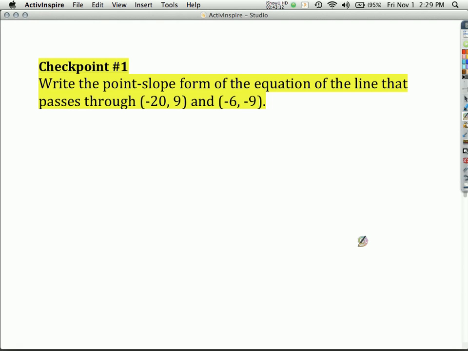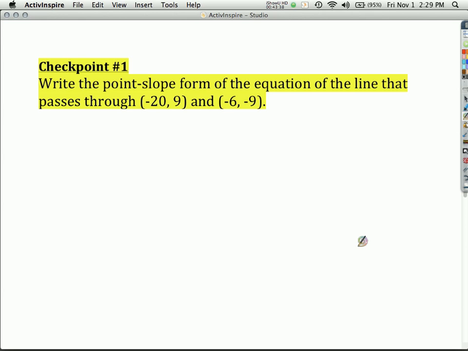Y minus 9 equals negative 9 over 7 times the quantity of x minus 7. Okay, who's next? Y minus 9 equals -1 and 2 sevenths times the quantity x plus 3. Okay. Y minus 9 equals negative 9 over 7 times the quantity of x plus 20.